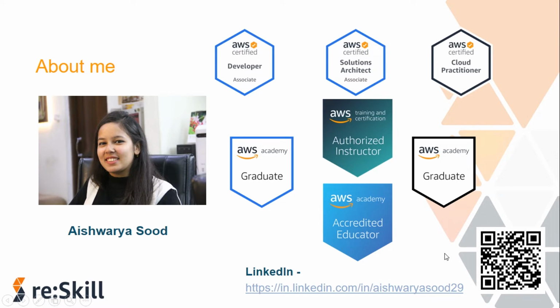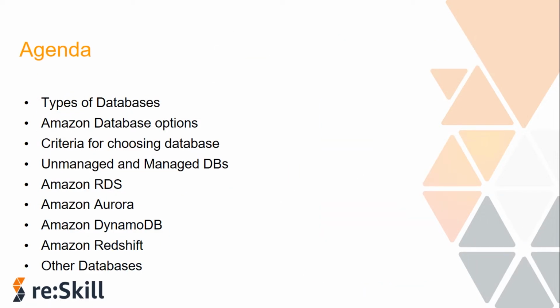So the agenda for today's topic will be, we will start with discussing the types of databases that are available, basically the relational and non-relational databases, then the database options that are available on Amazon, and the criteria for choosing a database, then what's the difference between unmanaged and managed databases, and when to use what.